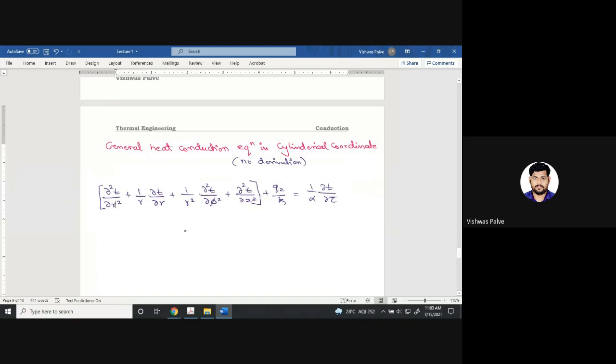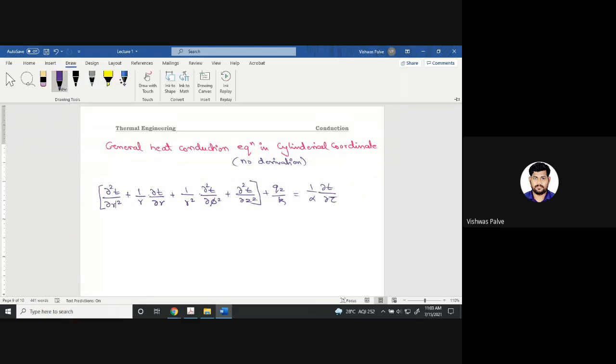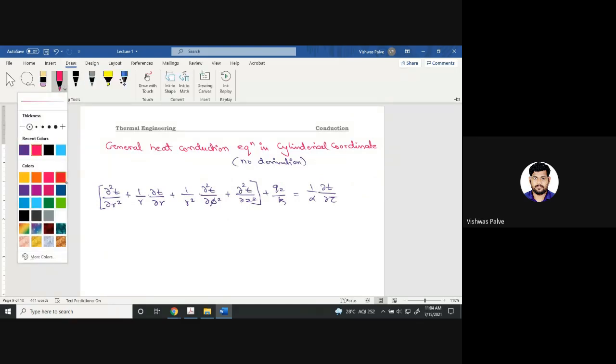Similarly, we can write the expression for spherical coordinate. General heat conduction equation.